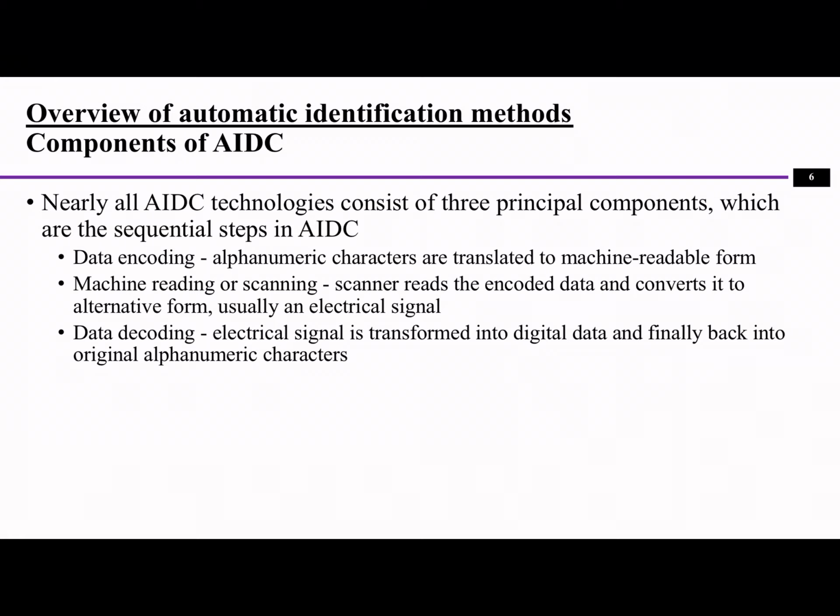Machine readable form can be data that will eventually be converted to an electrical signal. Then the electrical signal will be converted to digital data by using data decoding, which we discussed in prior lectures. So this is how it converts the alphanumeric characters to digital data.